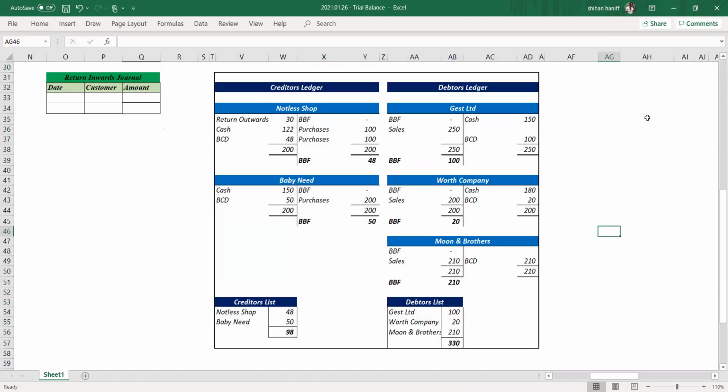Now we covered everything from this question. From preparing prime entry books, to general journal, general ledger, sub ledger, trial balance, income statement, statement of financial position.